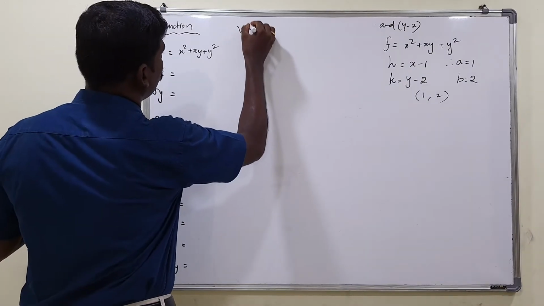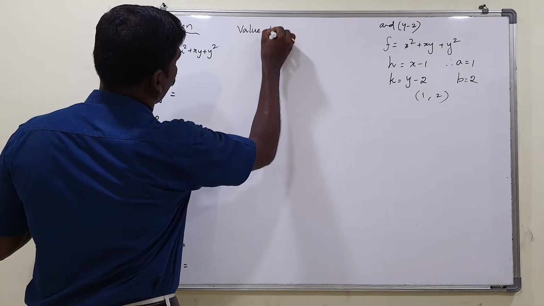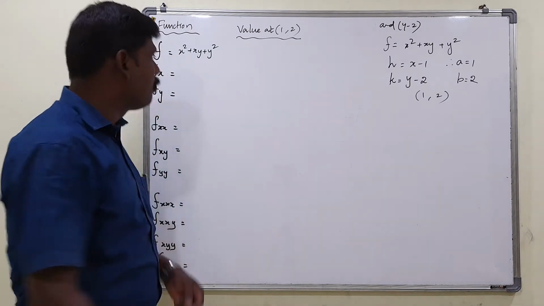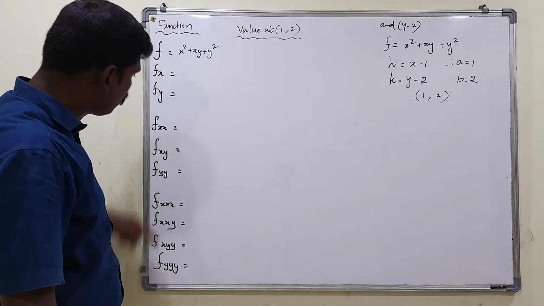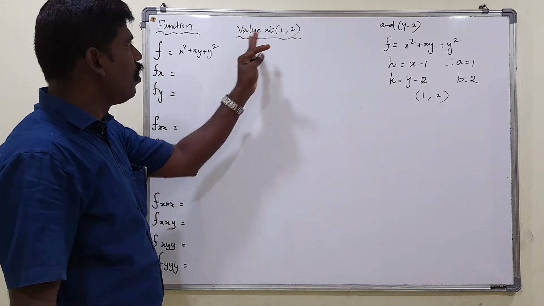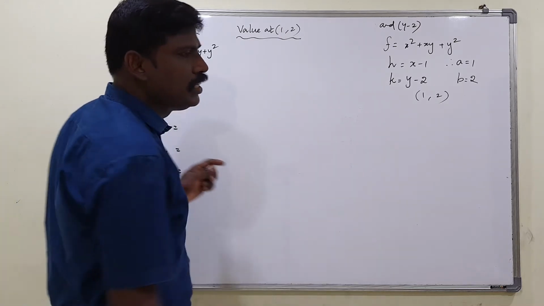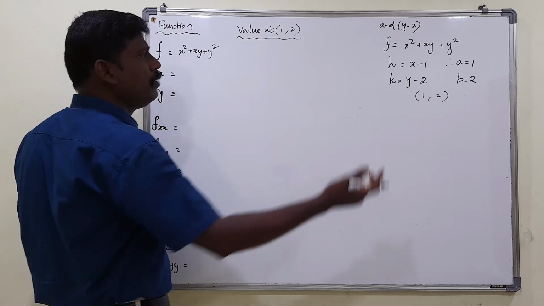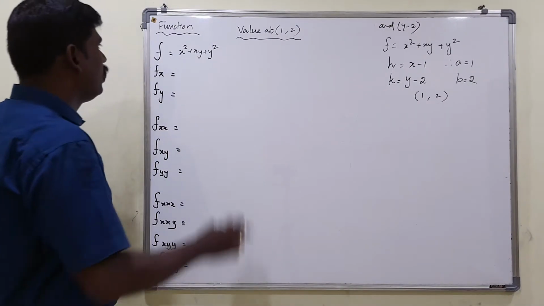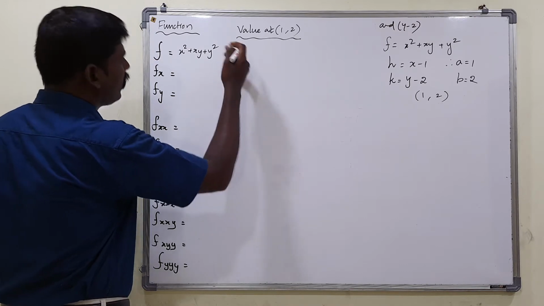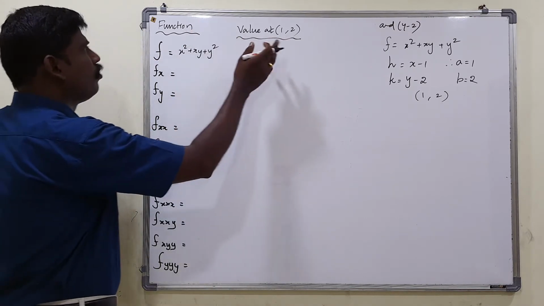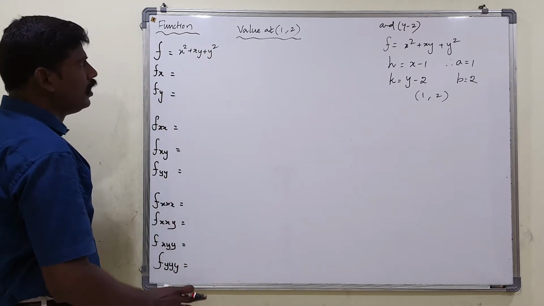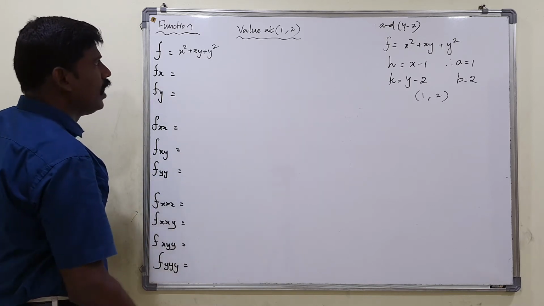So I am going to take the partial derivatives of this function and then find their values at the point 1 comma 2. Substituting in the Taylor series expansion formula, we can get the Taylor series expansion of this function at the point 1 comma 2, or in powers of x minus 1 and y minus 2. First I am going to find the derivatives of the function, and then finally we can calculate the values at the point 1 comma 2.